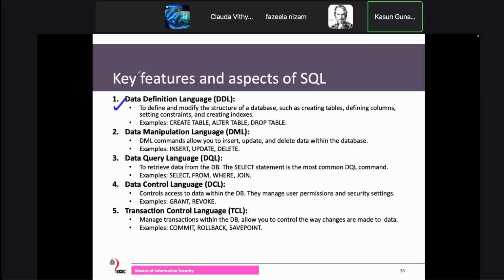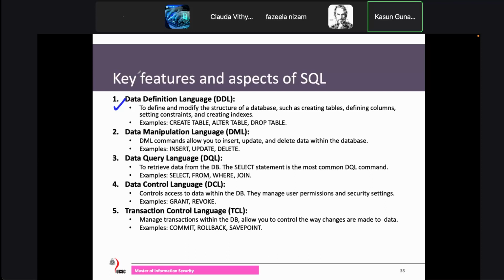Next, data manipulation language. So it is about manipulating the data, like inserting new data or updating the existing data or deleting the data stored in the database. So these are what we call data manipulation.